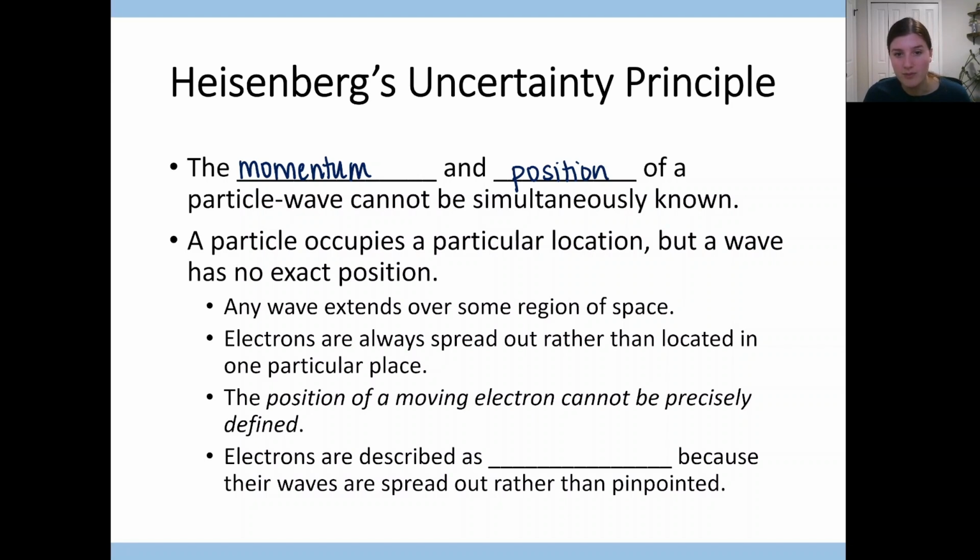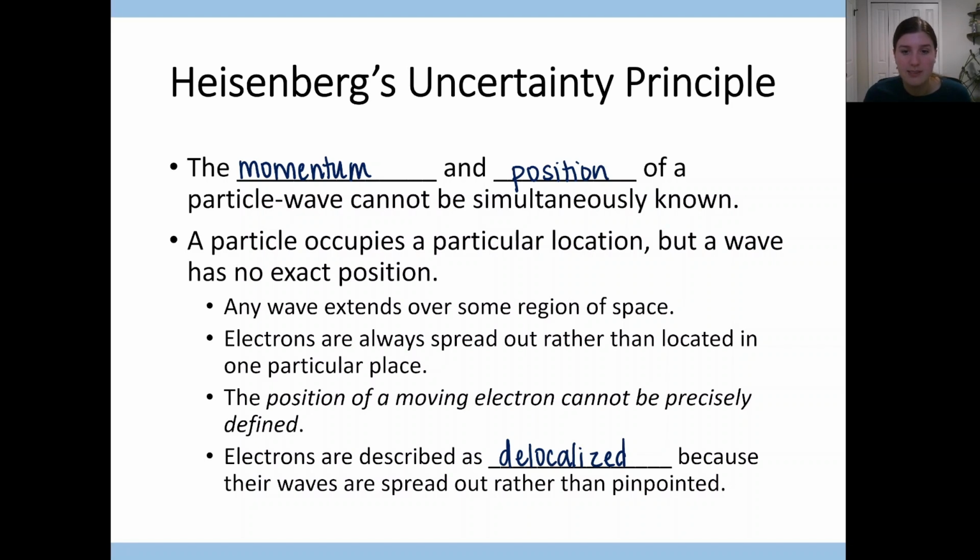So any wave, something that is a wave, like an electron, extends over some region of space. So electrons are always spread out rather than located in one particular space. So the position of a moving electron cannot be precisely known. And electrons are described as delocalized. You'll hear this word a lot in organic chemistry.